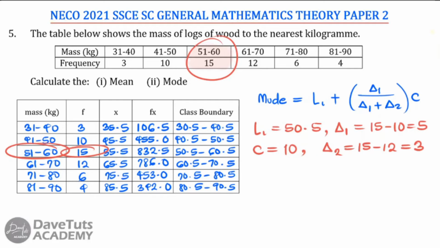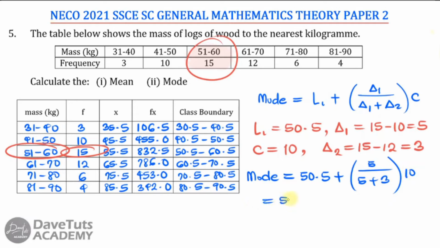So these are the parameters that we need to solve this holistically, so that we can say our mode for this particular question is LL, which is 50.5, plus theta 1 which is 5 over theta 1 plus theta 2, that will be 5 plus 3, multiplied by the class size, which is 10. So our mode is 50.5 plus 5 over 5 plus 3 times 10. 5 times 10 is 50, 5 plus 3 is 8.